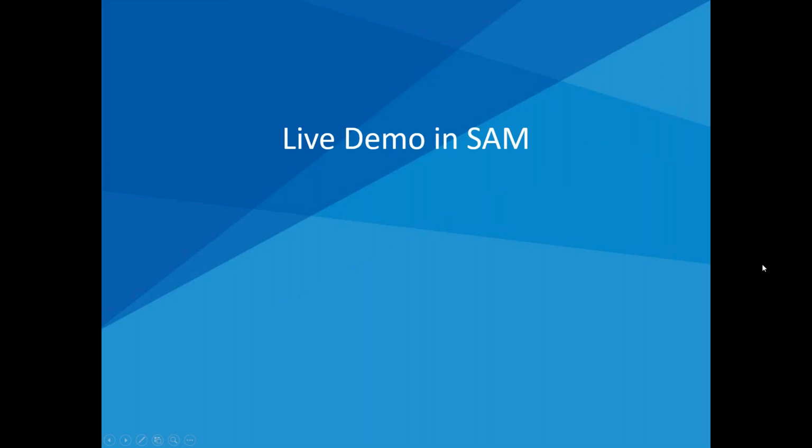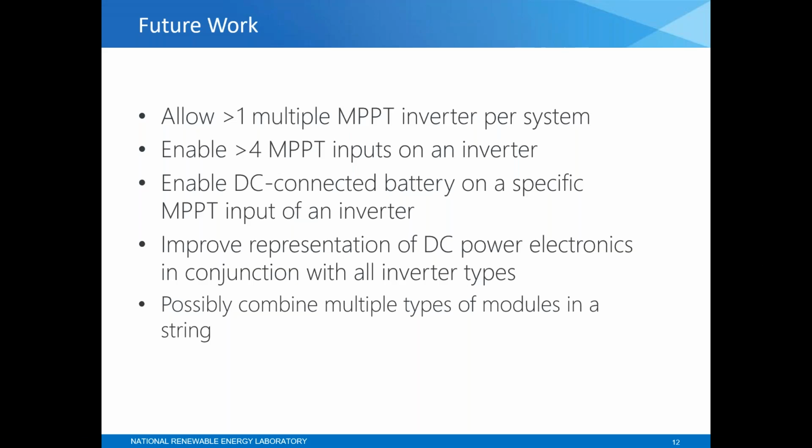to talk a little bit about some of the limitations and future work of this model. So currently the maximum power point tracking is enabled for a one inverter system. So I couldn't have, for example, 3 inverters that each have 2 maximum power point tracking inputs at this point in time.